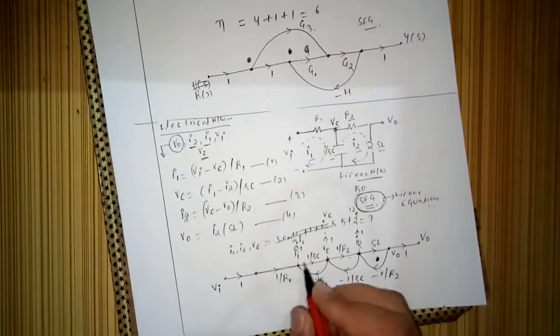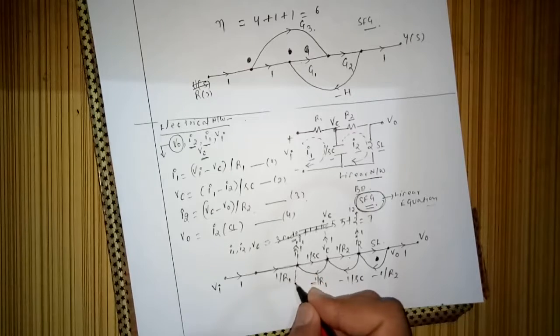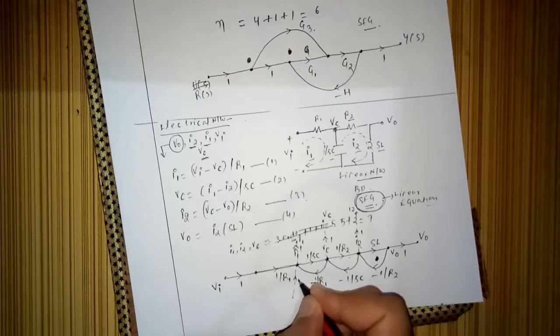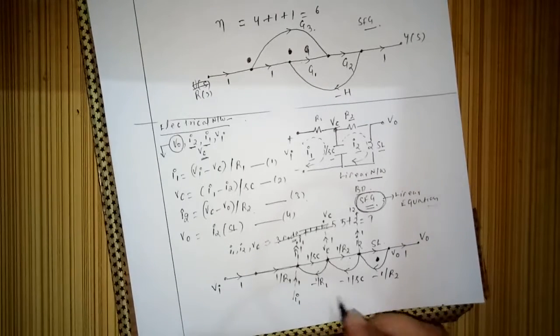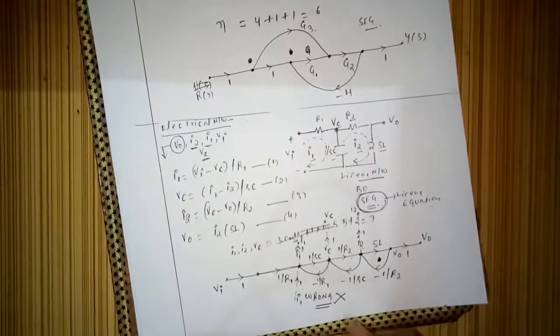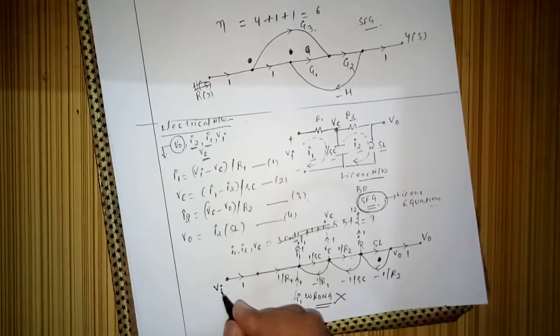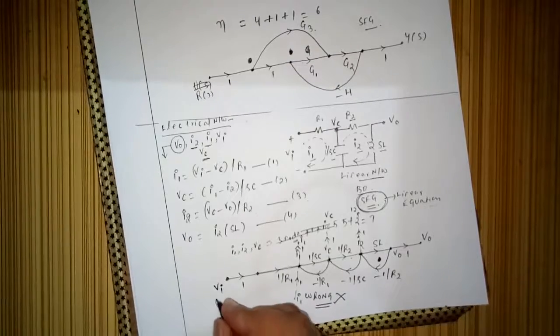Suppose I want to make I1 the input, and I do it like this, unity gain, and this is I1. This is wrong. This we cannot do. Strictly speaking, this we cannot do. We can only take this as Vi input.